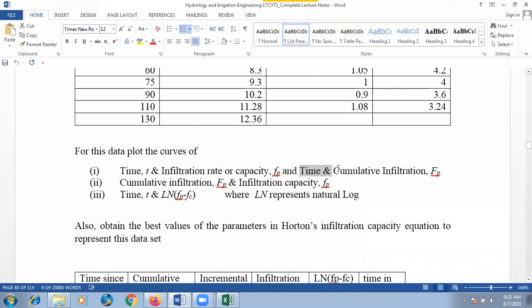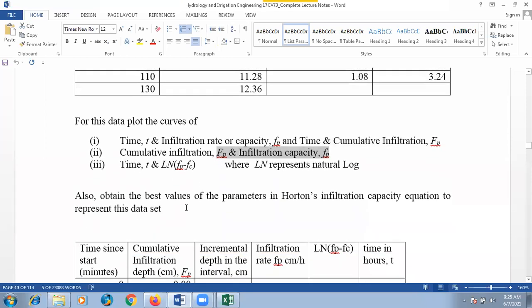Then another graph of cumulative infiltration FP against time. Then another graph, fp versus FP, infiltration capacity versus cumulative infiltration. Then finally, time t against natural log of fp minus fc. All these things need to be done. Why do we have to use log on the y-axis? We will discuss this while solving this example.